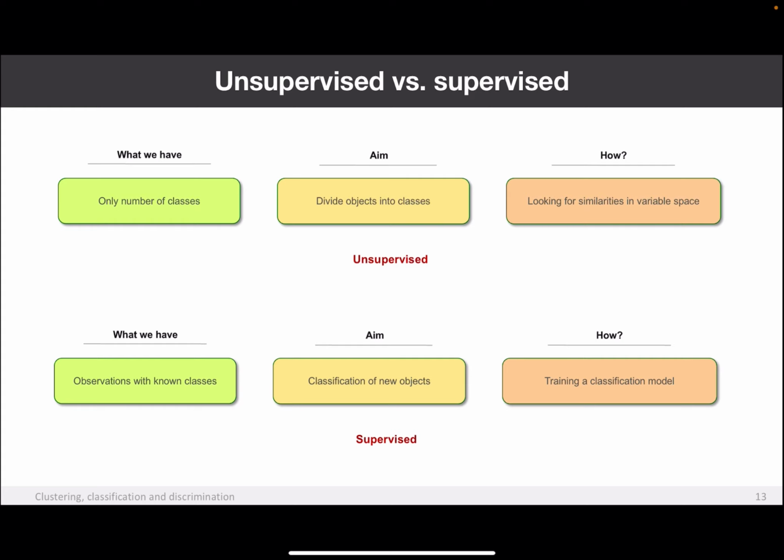So when you have observations with known classes, you can train your models, and that's why we call these supervised methods, because you can supervise your model to find what makes values of features taken from different groups or from the same group similar or dissimilar. Okay. So the aim in this case is classification of new measurements, and how we do that is we simply train a classification model. So those are the supervised methods.